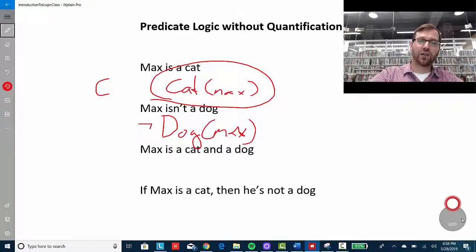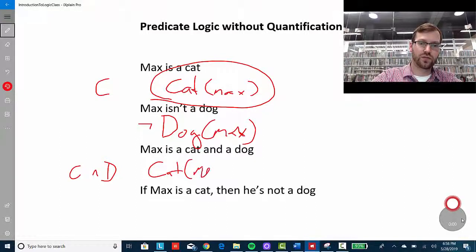Max is a cat and a dog. Before, we would have symbolized this as maybe C and D. But now, since we want to include the predicates, we could represent it this way.